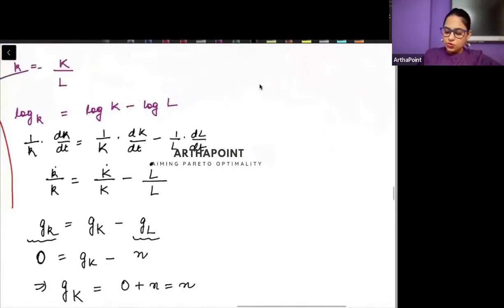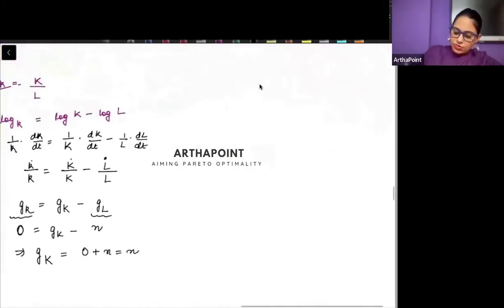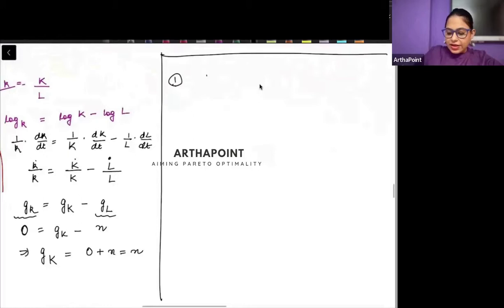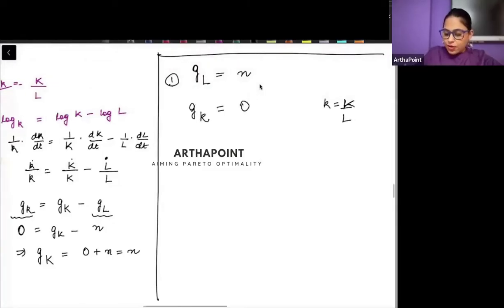So just try to understand this thing. Try to make up a table here. So what we are saying is that when labor is growing at the rate n, growth rate of labor is n, right? Then growth rate of small k, where small k is capital by labor, is 0. Growth rate of small y, output per labor, is 0.